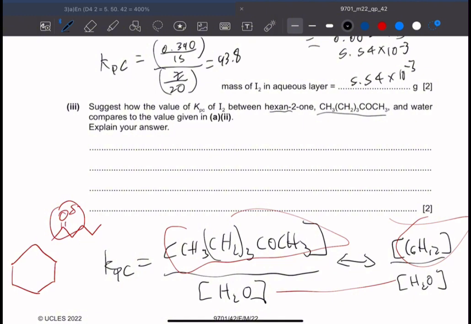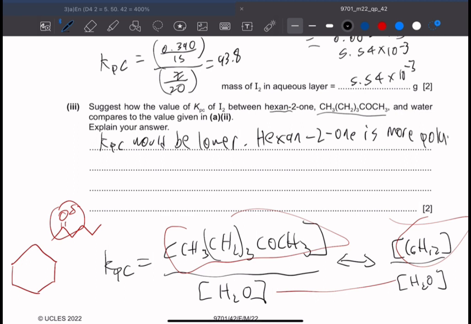So we're going to write KPC would be lower. Again, it would be lower because less would dissolve in the hexan-2-one compared to C6H12. The reason for that is because hexan-2-one is more polar than cyclohexane.